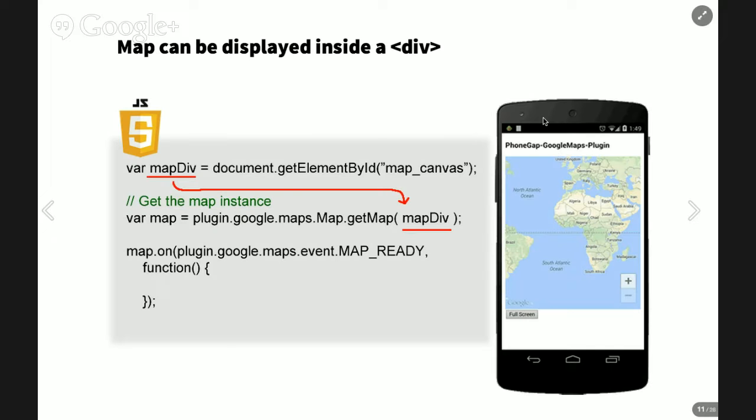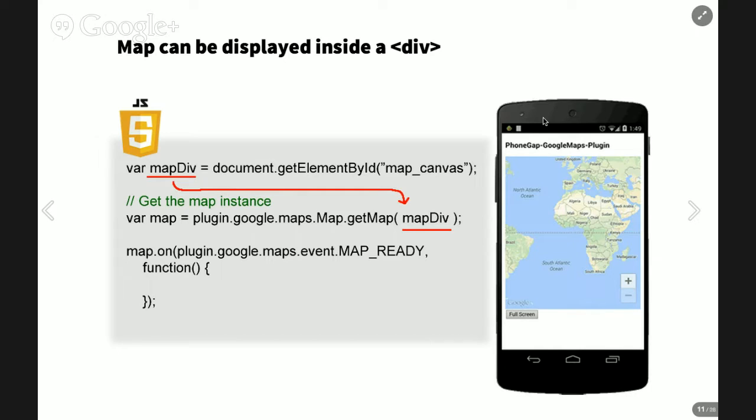One big change is the map. Now you can embed a map into a div tag. It means you can display the map and other things such as a full screen button or your application name.